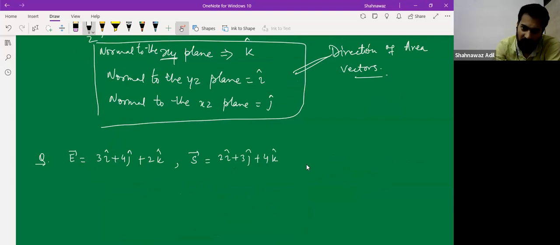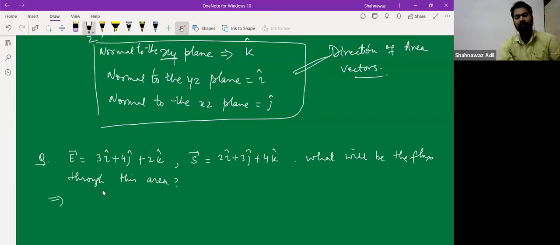So if I ask you what will be the flux through this area, this will be what? Can you tell me?